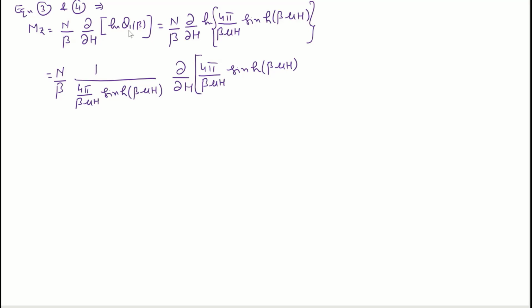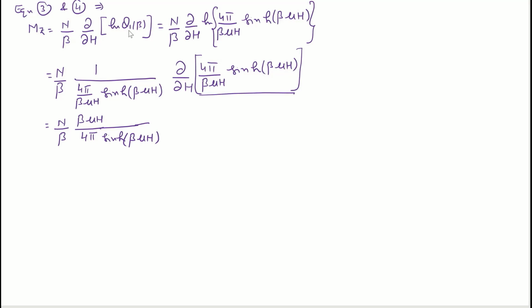Okay, and this is further equal to n by beta into beta mu h upon 4 pi, and then sine hyperbolic beta mu h, and then its differential.